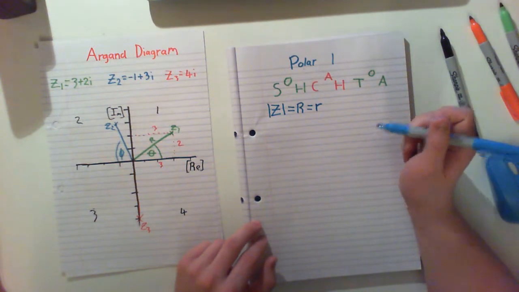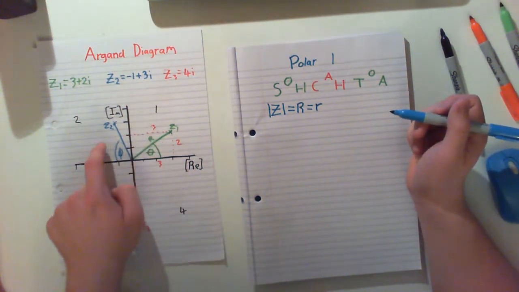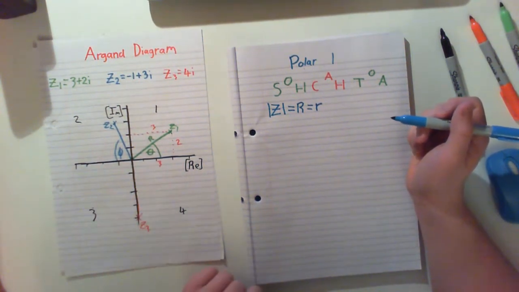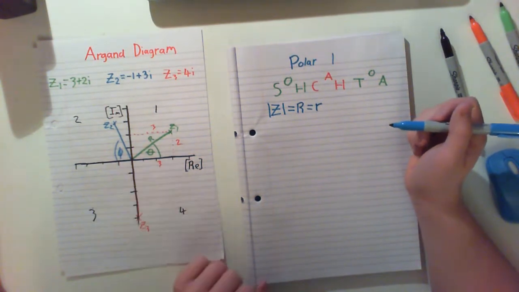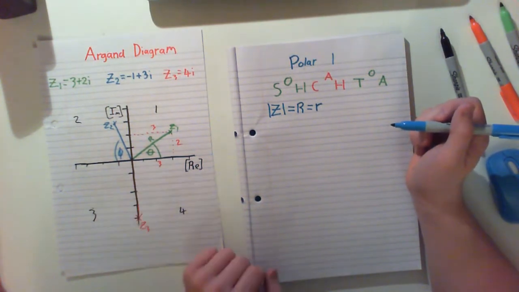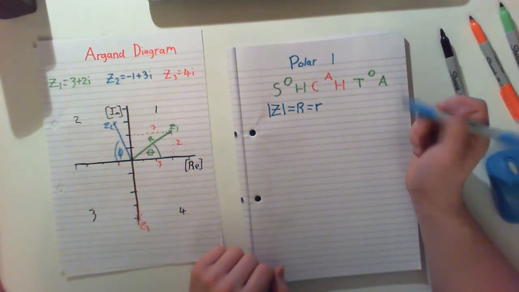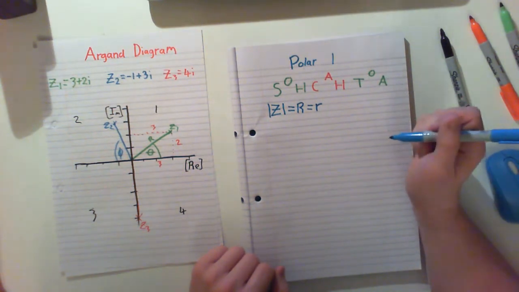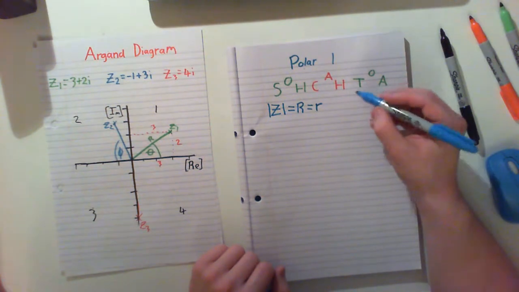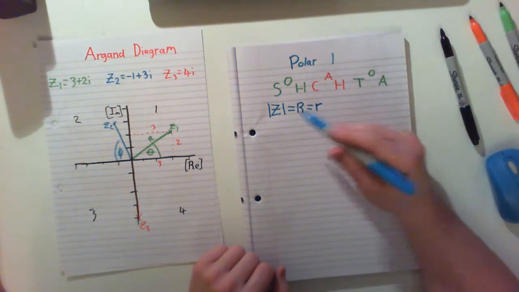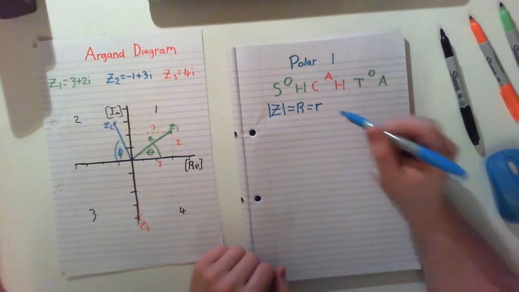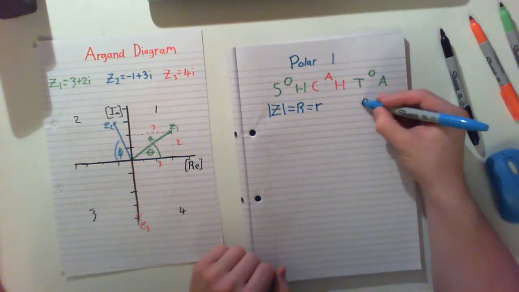And also we worked out that depending on where our complex number lies in the plane, we can calculate theta a number of different ways. You saw the last video to calculate that. And so we know we can represent our complex number in terms of r and theta.